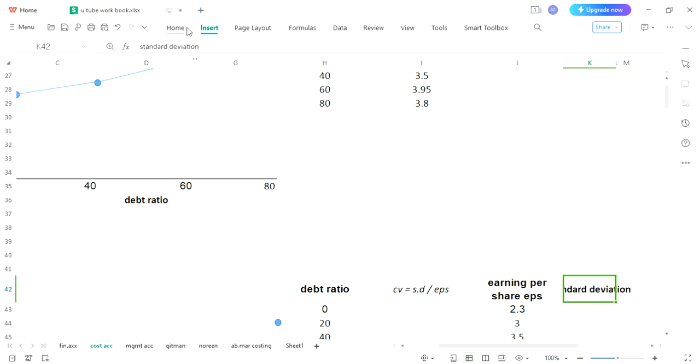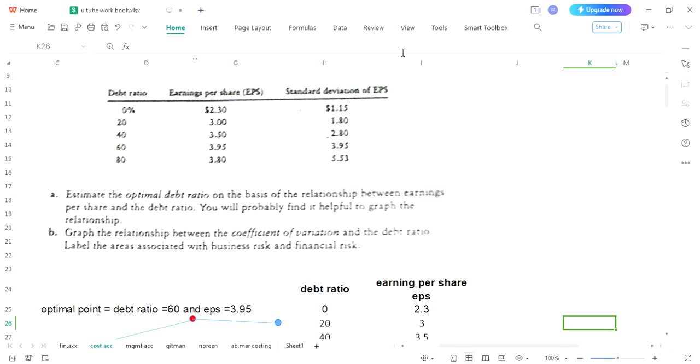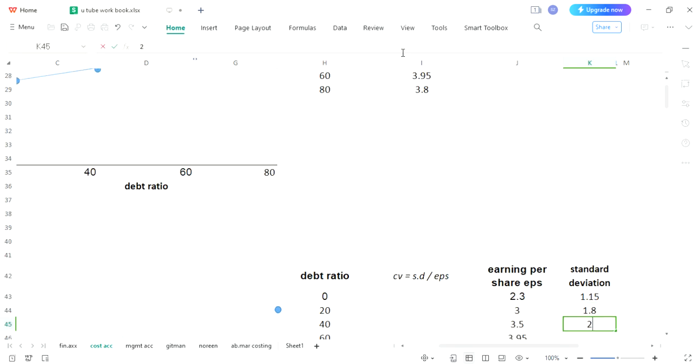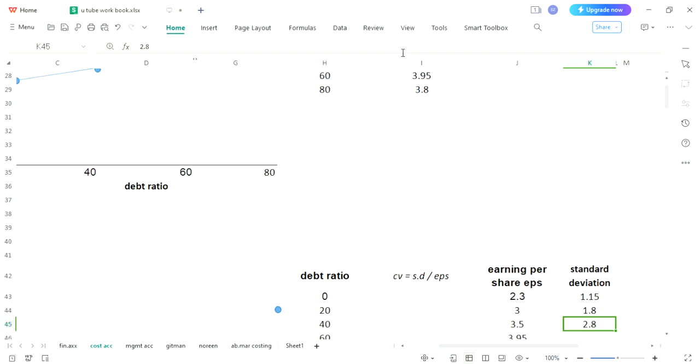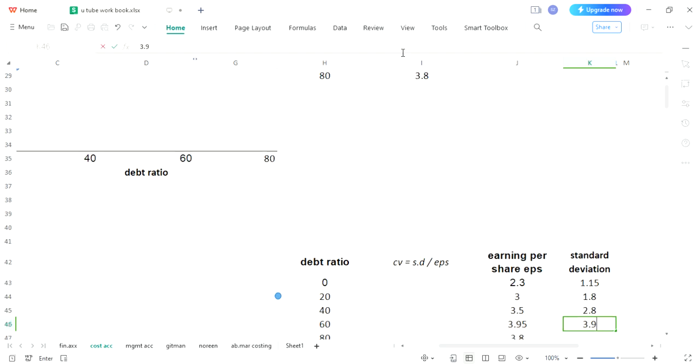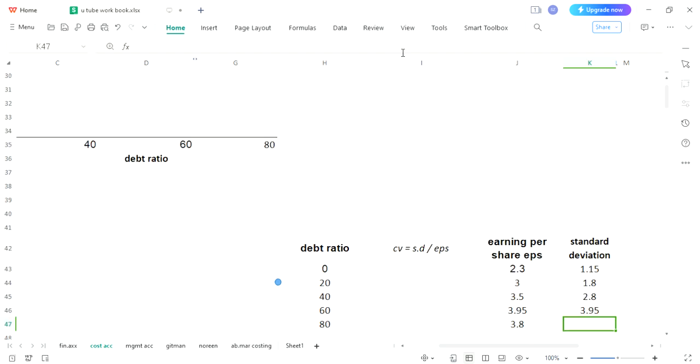Let's arrange it in a proper way. Standard deviation first is 1.15, and then you have 1.8, after which we have 2.8, then we have 3.95 and 5.53.